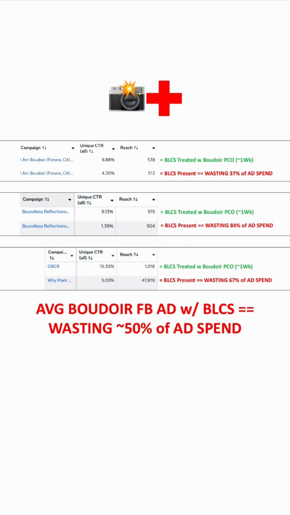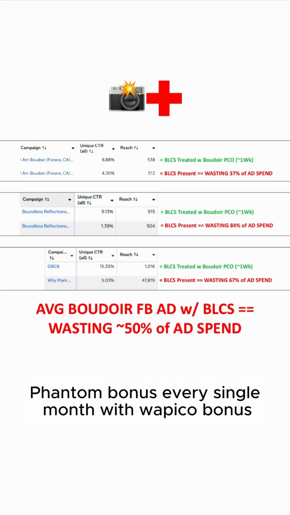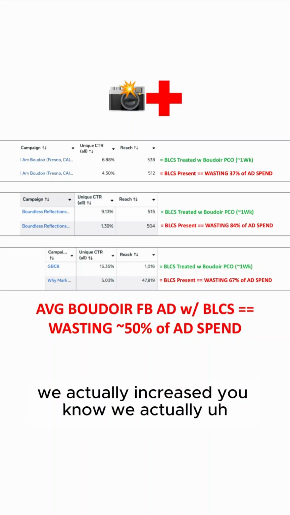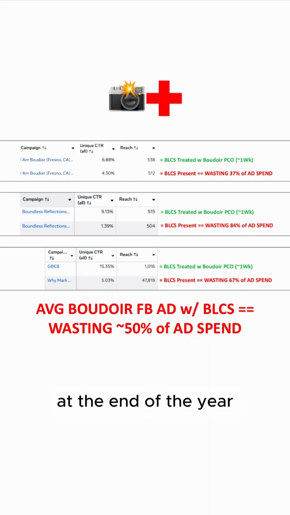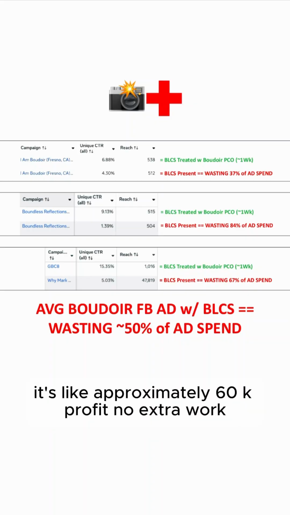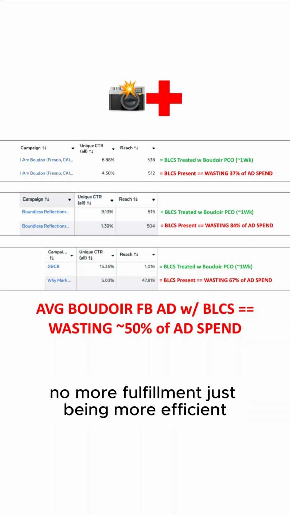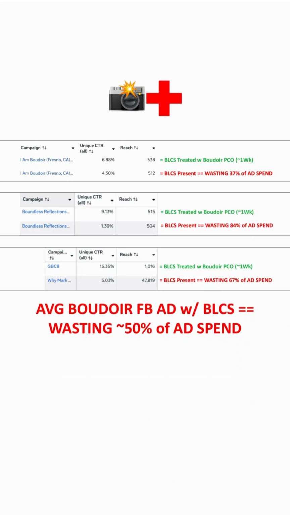So it's literally 5K phantom profit, phantom bonus every single month, Boudoir Pico bonus every single month. At the end of the year, it's approximately a 60K profit. No extra work, no extra effort, no servicing more clients, no more fulfillment, just being more efficient.